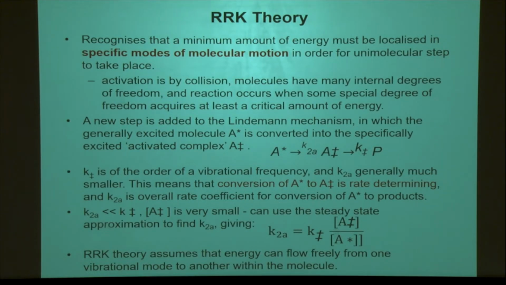So the rate k2a, the conversion from the generally excited molecule to the activated complex, is much smaller than the rate constant going to products. And so the slower of those reaction steps will be the rate determining step.